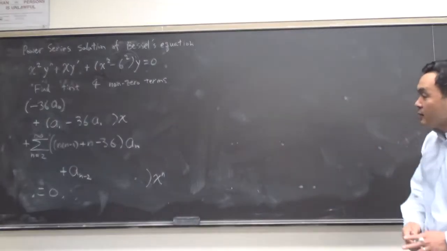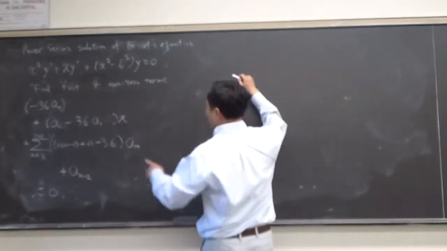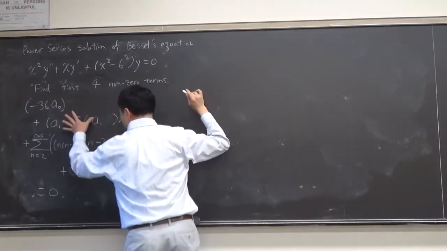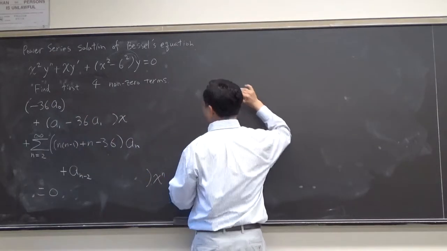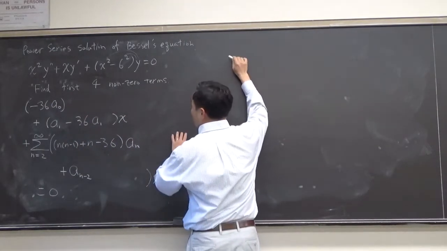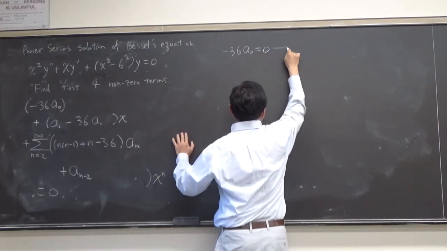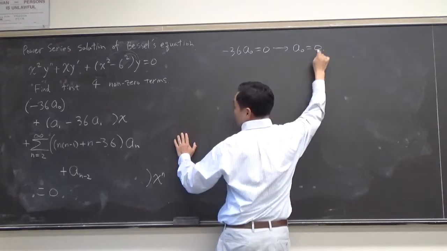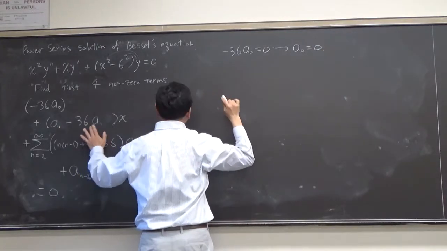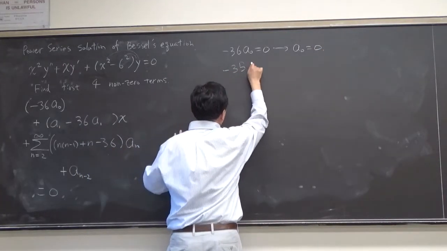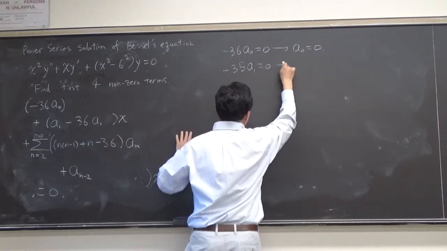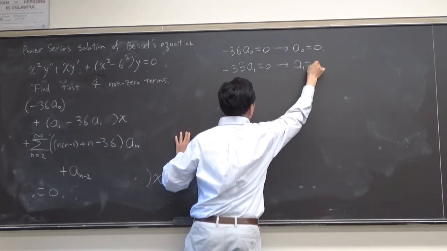Okay. So as I said, all of these coefficients must be 0. That's the property of power series. Then you get negative 36 a0 equals 0, which will imply that a0 is 0. Now a1 minus 36 a1 is negative 35 a1, right? That also has to be 0, so we know that a1 has to be 0.